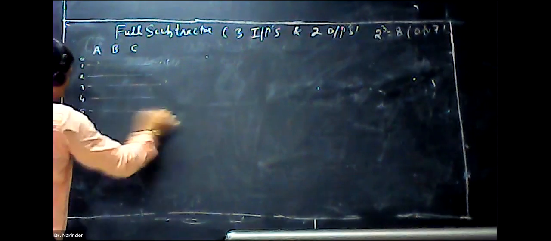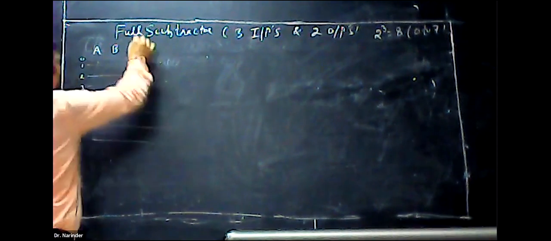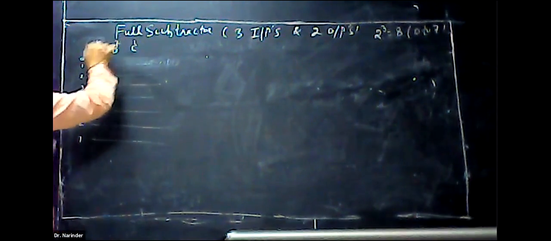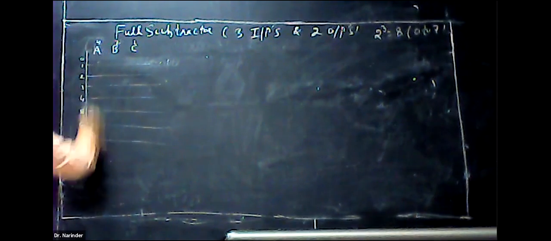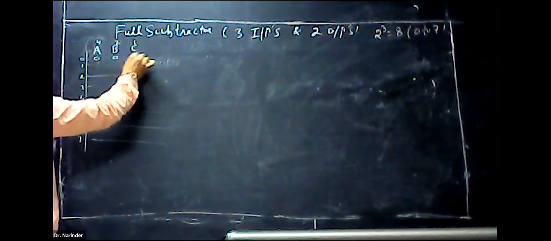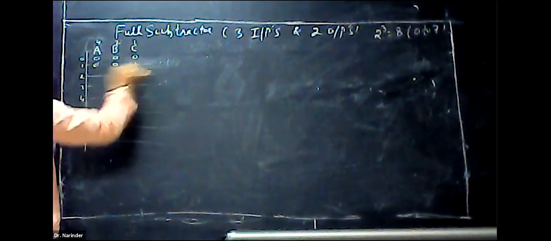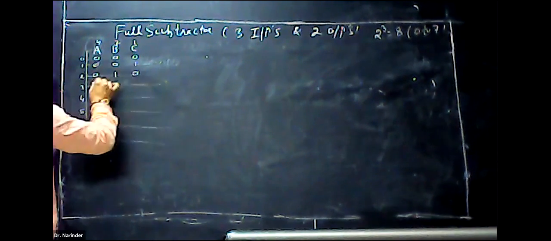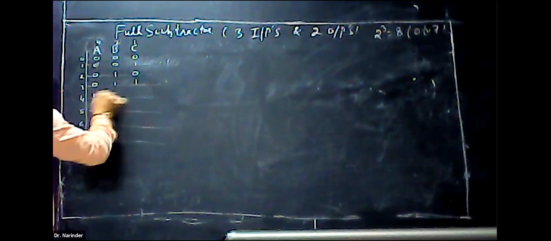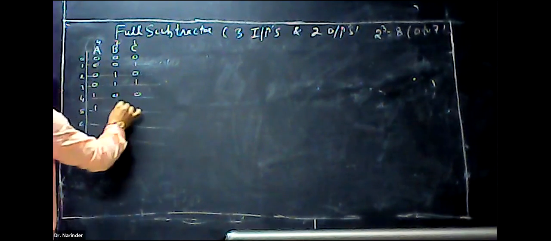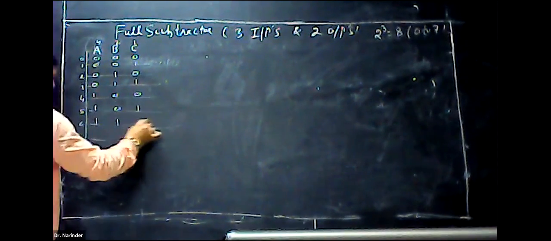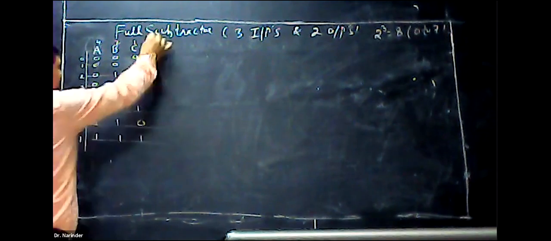According to their weights, you should convert it into the equivalent binary number. This would be all zeros. This would be 001. This would be 010, 011, 100, 101, 110, and 111.